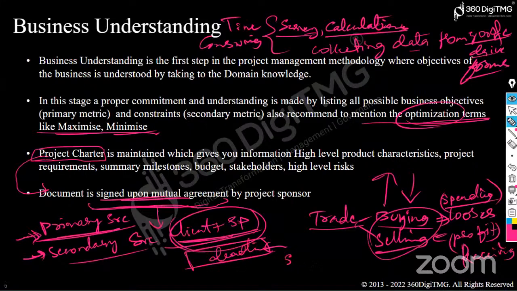For this, we say that it is an SLA. So a service level agreement will be given for one of the business processes, where you will be having a mutual agreement between the client and the service provider.